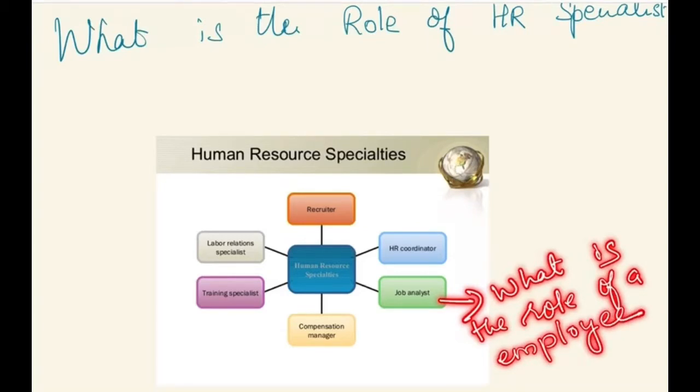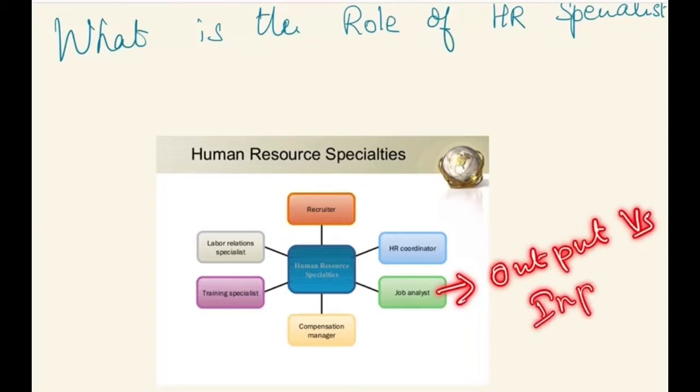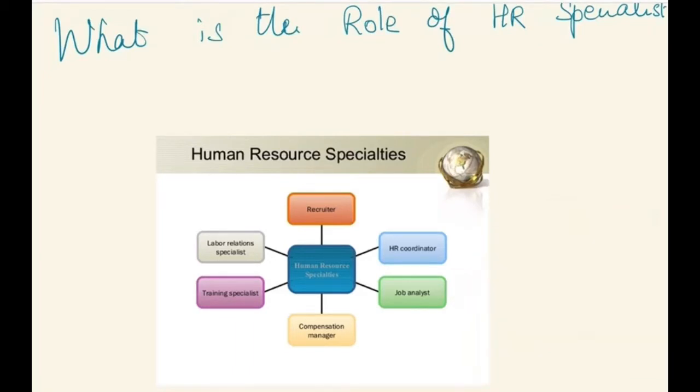All these the HR job analyst says. So they will calculate the output versus input. How much I spend on an employee, what is the output he gives for the organization.